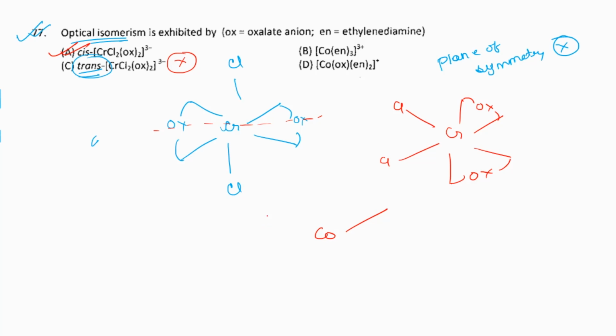Let me just do it in the normal form: en, en, en. Now, can you divide it in any way so that you can get a plane of symmetry? No. There are three, this and a 60 degree. If I see it this way, it's 60 degree, 60 degree, 60 degree. So you cannot get a plane of symmetry over here as well. So this will also show optical isomerism.